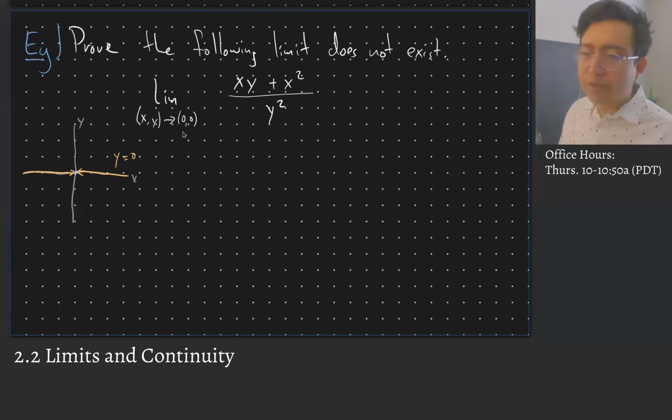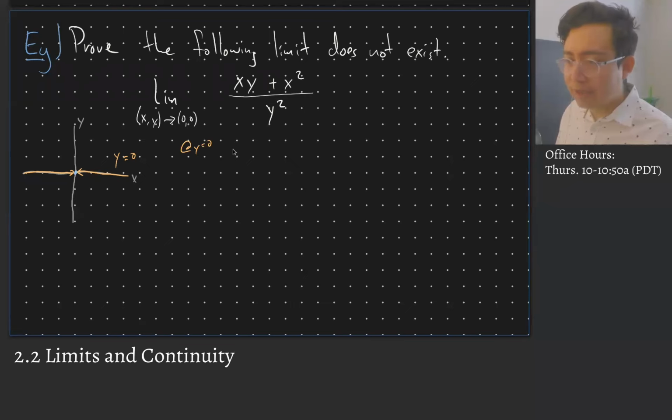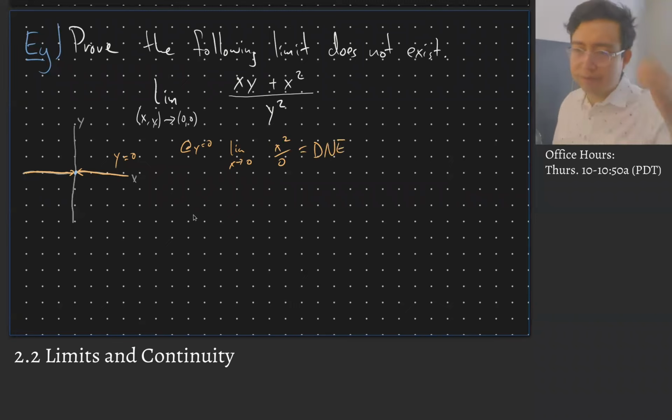So what we could do is we could try to make that substitution over here. Well, the problem is that at y equals 0, this is not defined, right? So at y equals 0, this is this limit of x plus x squared, or just x squared over 0, does not exist, right?